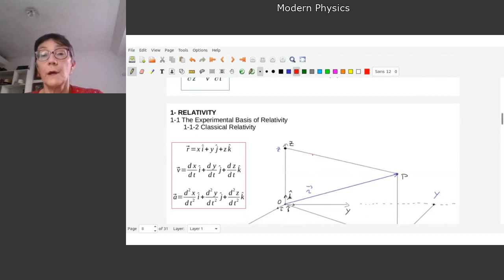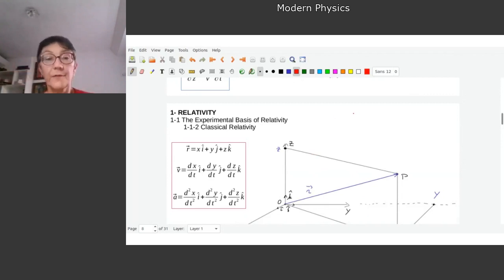The Michelson experiment was meant to measure the velocity of the Earth relative to the ether, this material medium where electromagnetic waves propagate.